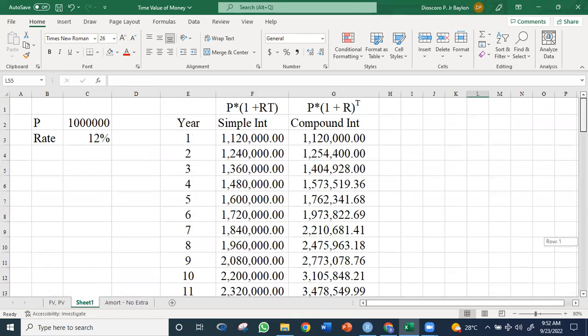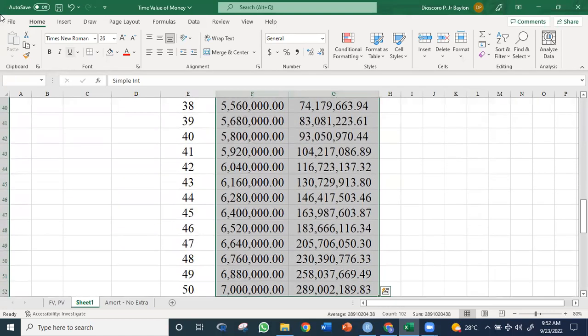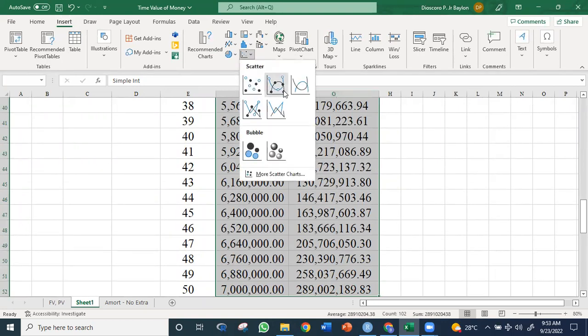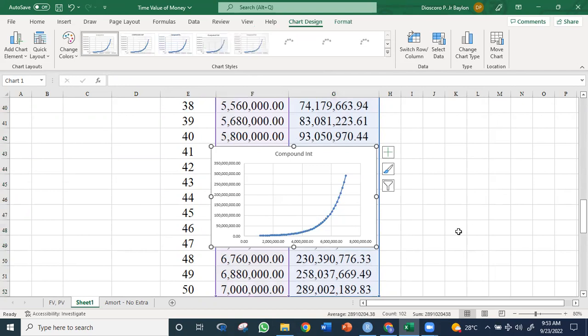Okay. And then what I'm going to do, let me illustrate this first, guys, and then let's go back and do this together again. I'll highlight this, Control Shift down arrow, insert, and then I'm going to insert a scatter plot. Okay, maybe this one, let's see.